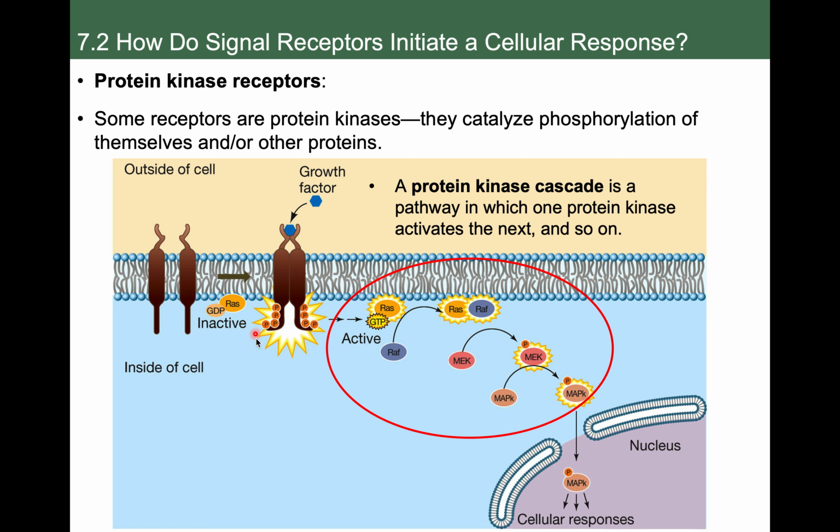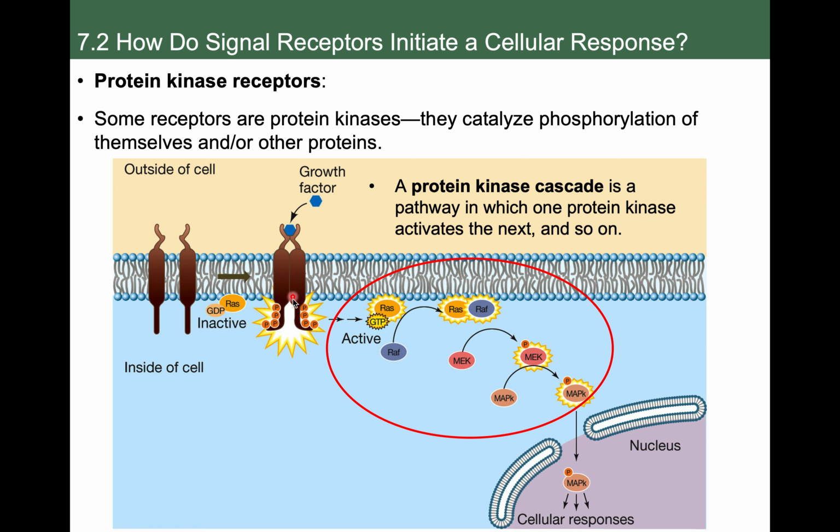Once it's collected enough phosphate groups here on the portion of the receptor that's inside the cell, now it becomes fully activated, and it will be able to start passing some of those phosphate groups off to other molecules. In this particular pathway, you can think of the phosphate groups almost as that baton that's going to be passed from one runner to the next in the relay race.